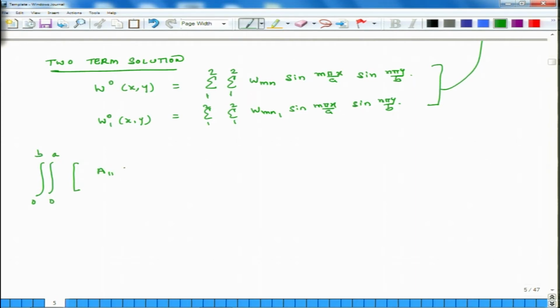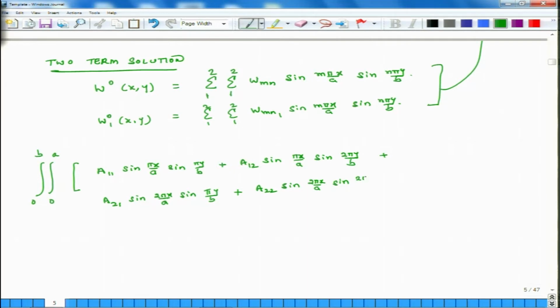This is what I get: A11 sine pi x over a sine pi y over b plus A12 sine pi x over a sine 2 pi y over b plus A21 sine 2 pi x over a sine pi y over b plus A22 sine 2 pi x over a sine 2 pi y over b.